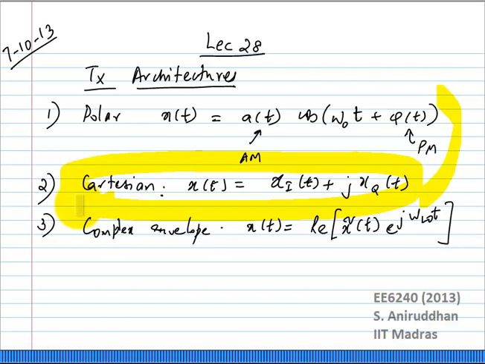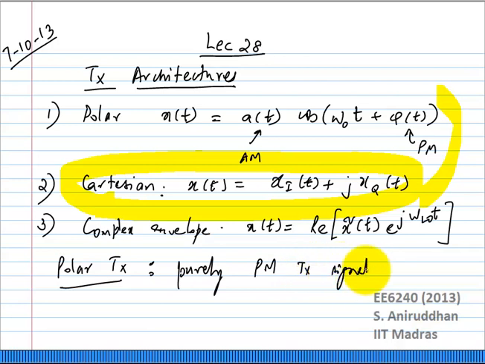What was the example we took for the polar representation? Let's say we are specifically talking about a polar transmitter. For example, a polar transmitter would probably be more efficient for purely phase modulated signals. And there are many examples of these.